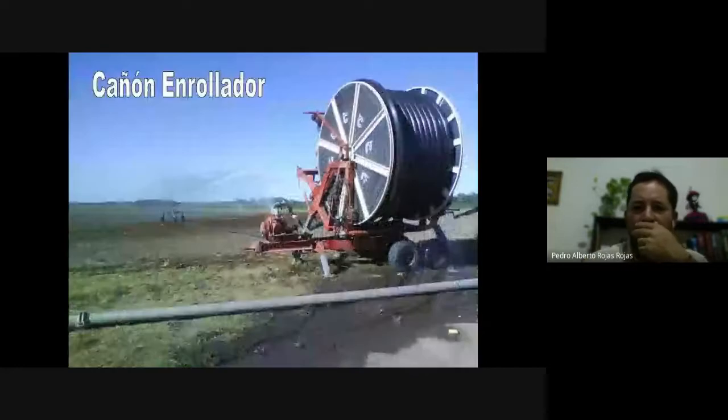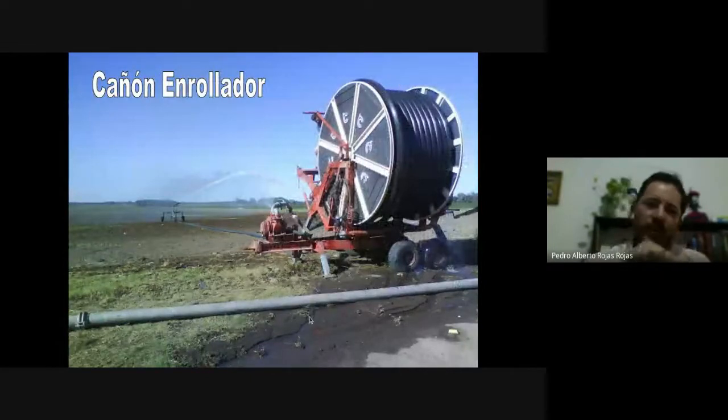Another equipment is the roller barrel, which is this big equipment, and you can start watering from a long distance, and this barrel is rolling in the line and applying the quantity of water in this way.